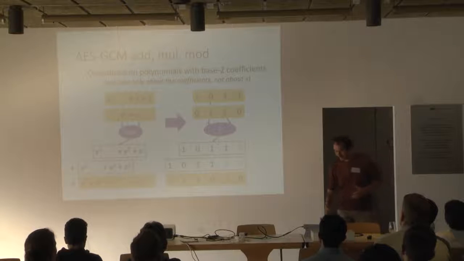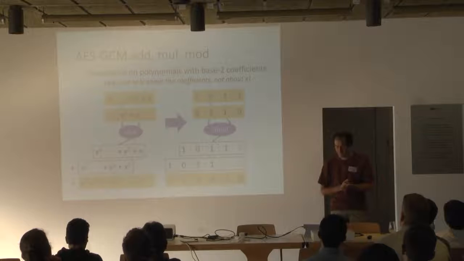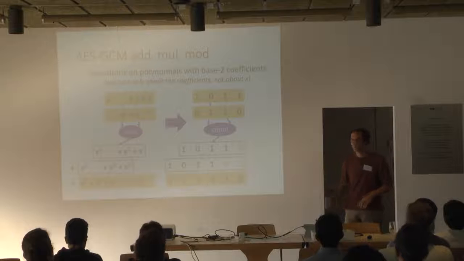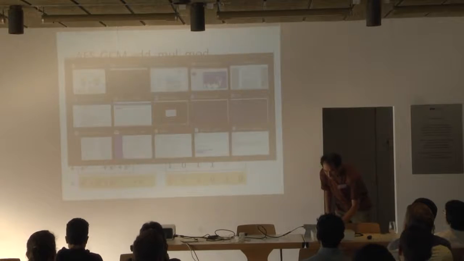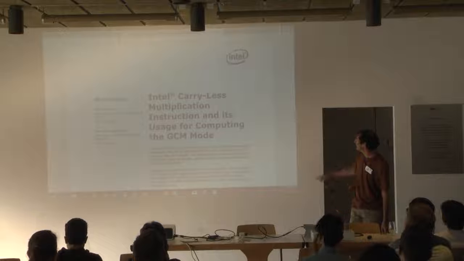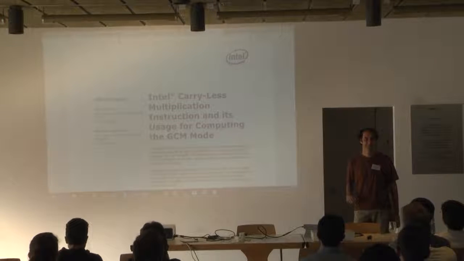In fact, it's not built in to a lot of architectures, but Intel recently added what they call carryless multiply, which corresponds exactly to this. And I'll show you their little blurb here. This is the Intel carryless multiplication instruction and its usage for the GCM mode of AES-GCM.